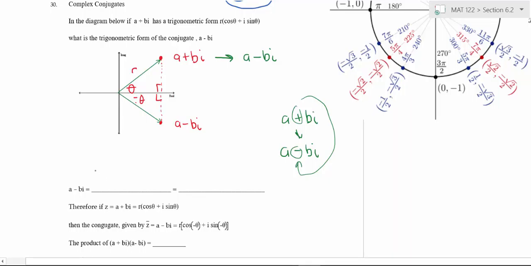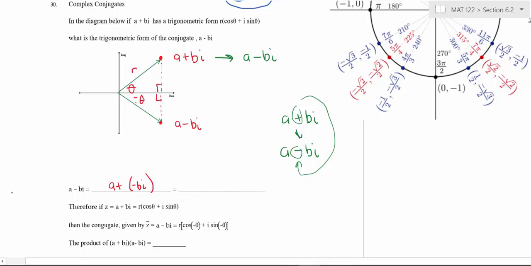So if we're writing this in the r cis theta form, then it goes like this. If you have a minus bi, you could write this, if you wanted to, as a plus negative bi. And then you could go through and put that in the r cis theta form.